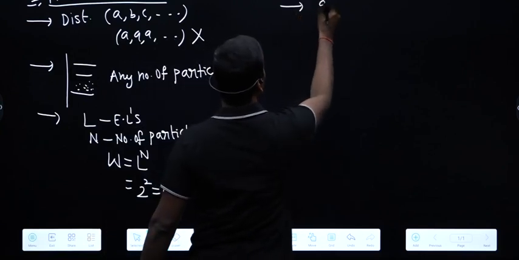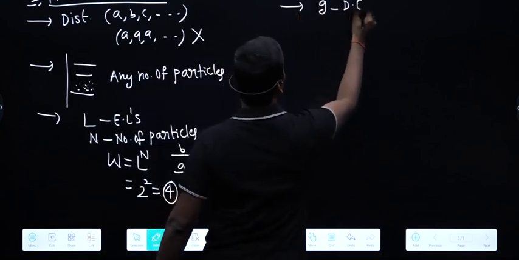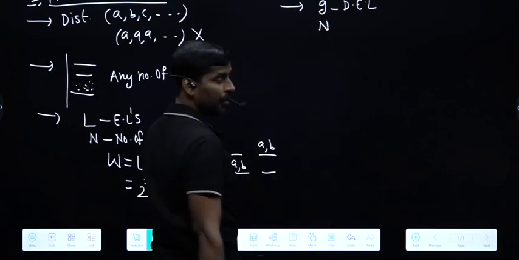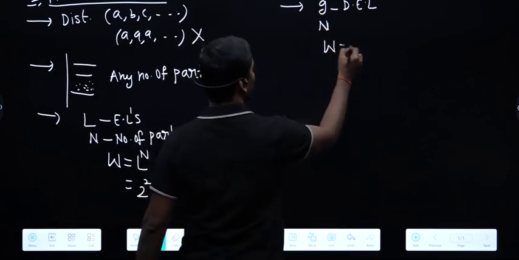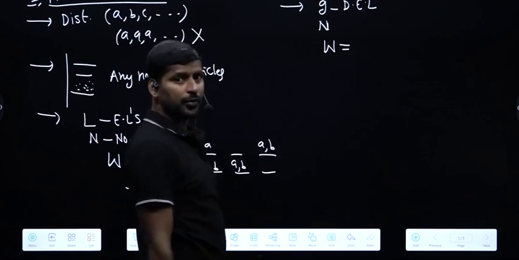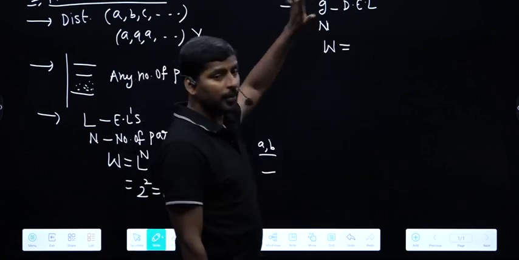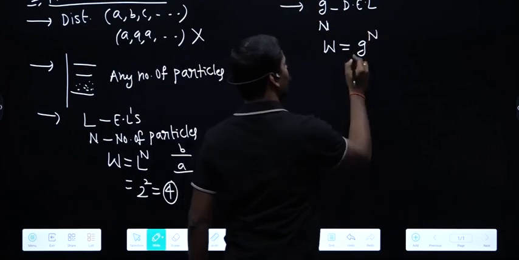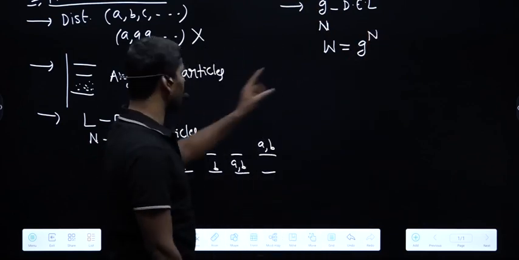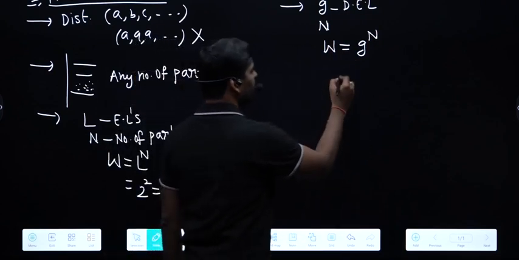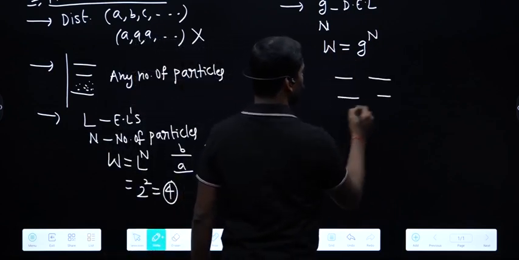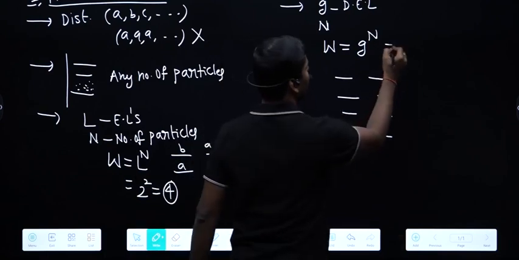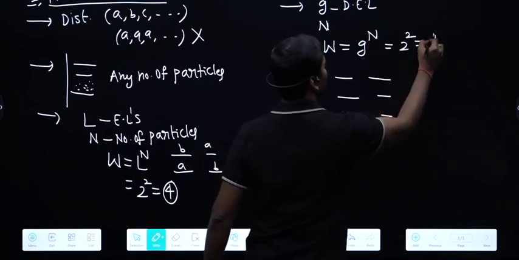For example, if G is the number of degenerate energy levels present and N is the number of particles we have to distribute, what is the number of ways of arranging the particles? In how many ways can we distribute N particles in G degenerate energy levels? It is G power N. Just in the place of L we get G. For example, two particles and two degenerate energy levels: in how many ways can we arrange the particles?